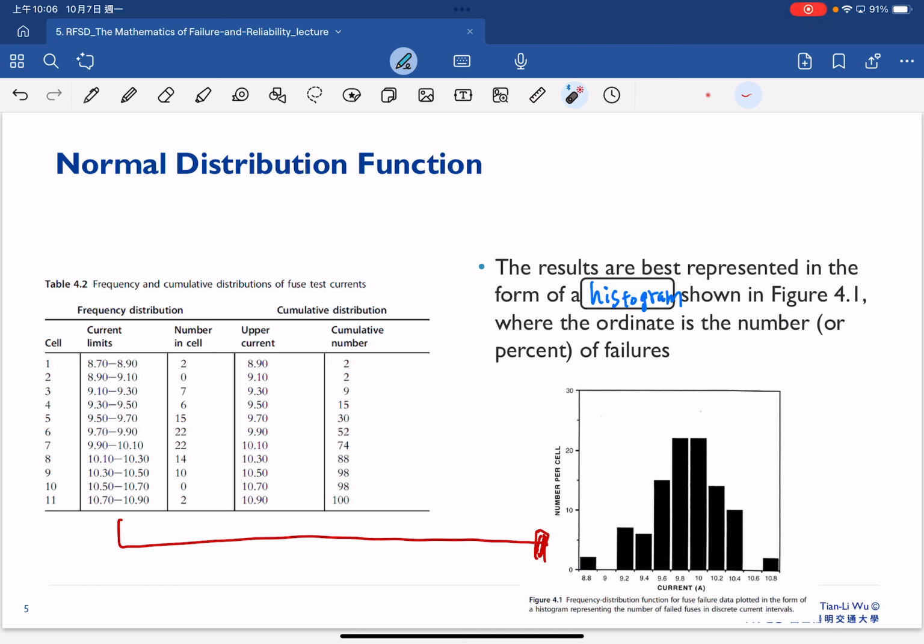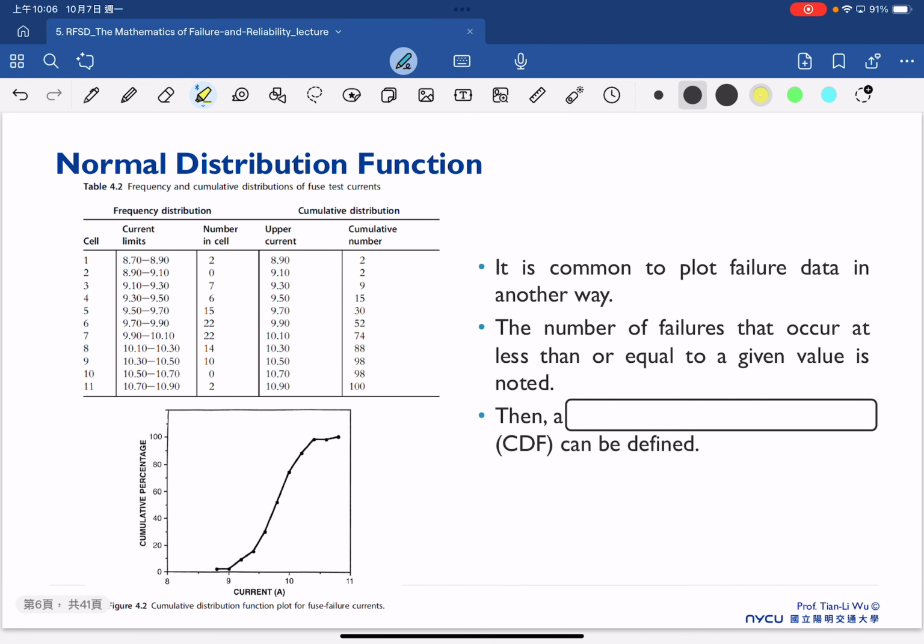Of course, what we need is not only a pure histogram, but we are more interested in plotting this data in another form. Especially, we have already mentioned there is a cumulative distribution here. So it is common to plot the failure data in another way, which is the cumulative distribution.